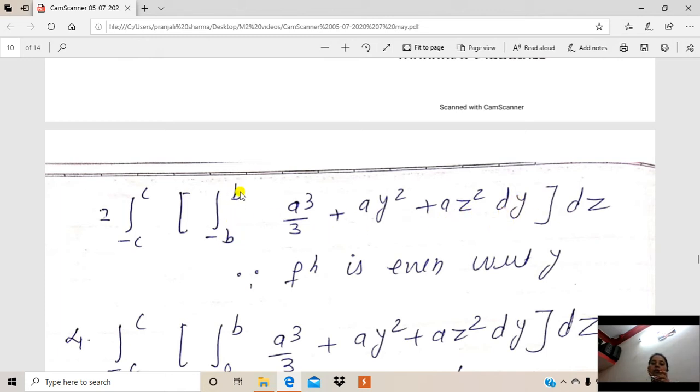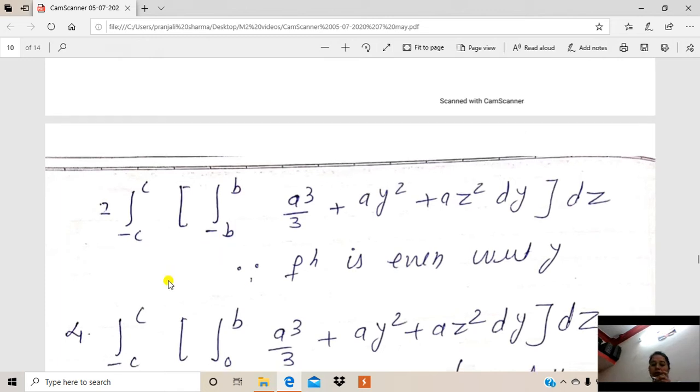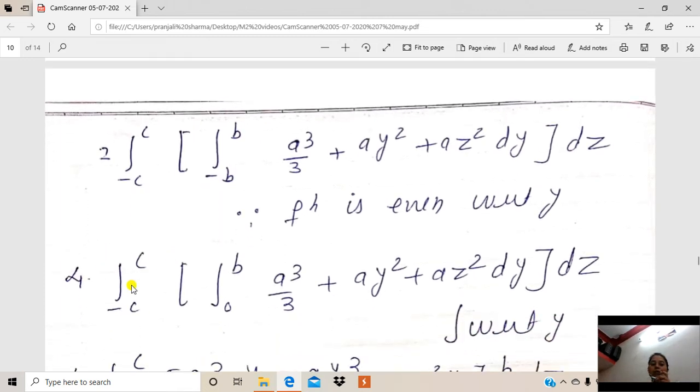Therefore the limit minus b to plus b can be changed to 2 times 0 to b, and the integration is now 4 times the integral from minus c to plus c, with the limits 0 to b, of a cube by 3 plus a y square plus a z square, dy dz.